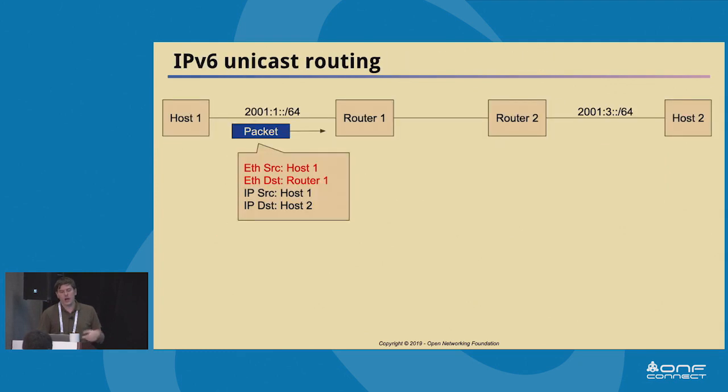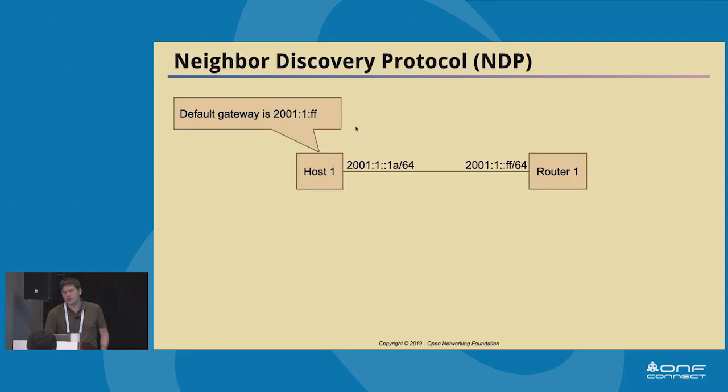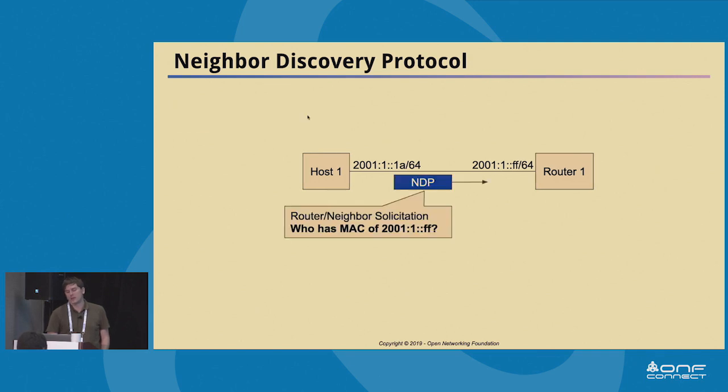So the question is, how does host 1 learn about the MAC address of router 1? Well, we use the NDP protocol. In host 1, we already have a gateway configuration. So host 1 knows that to route packets to the internet, it has to send these packets to the router with this IP address, and to do that, it needs to learn the MAC address of this gateway. So host 1 will first send an NDP neighbor solicitation message or router solicitation, depending on which mode you're using, asking who has the MAC address of that gateway IP address.